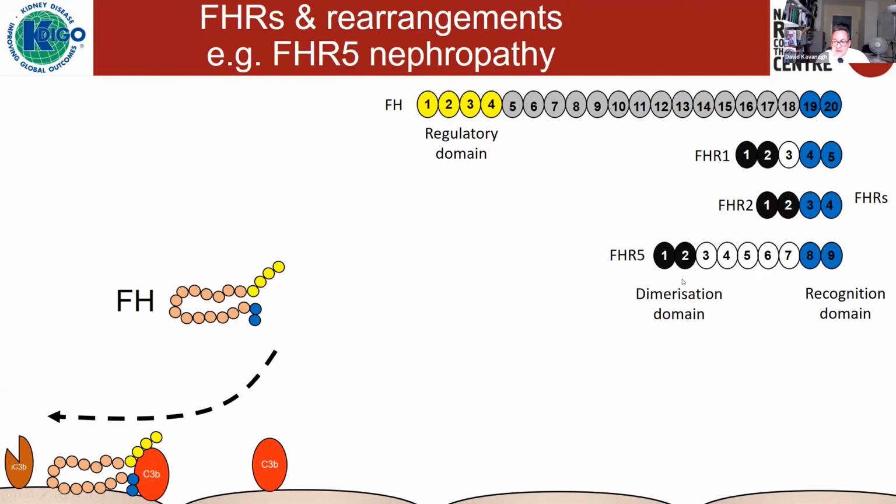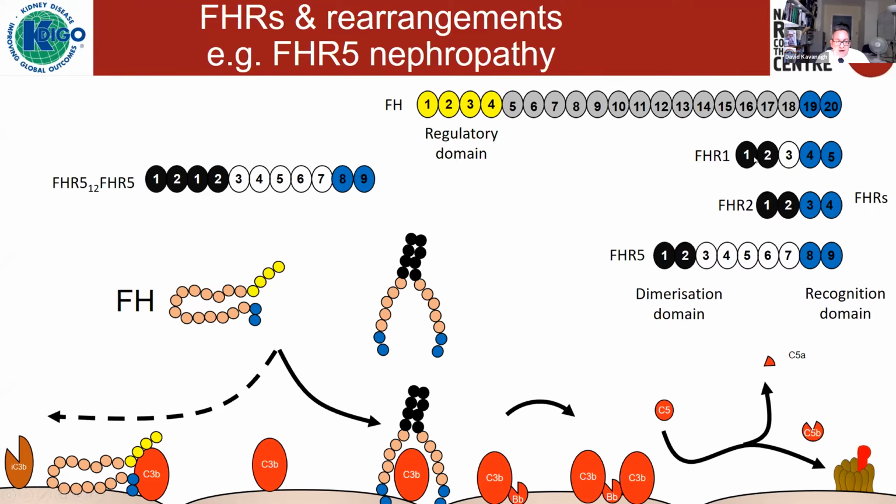However, these hybrid genes have these additional dimerization domains that allow multiple polymers of these related genes to essentially bind and outcompete factor H in the glomerular environment. And we're increasingly finding that these are driving disease.